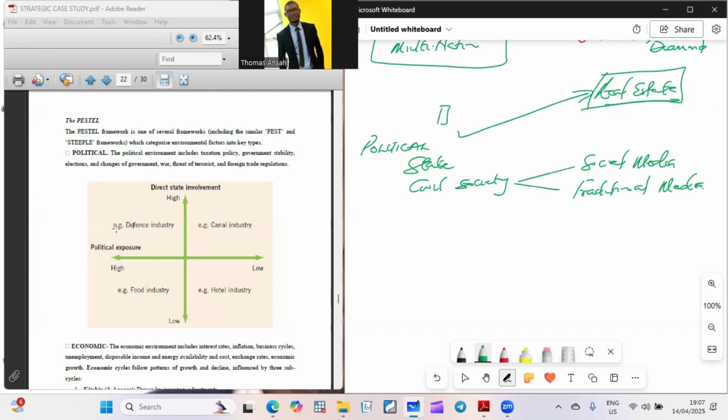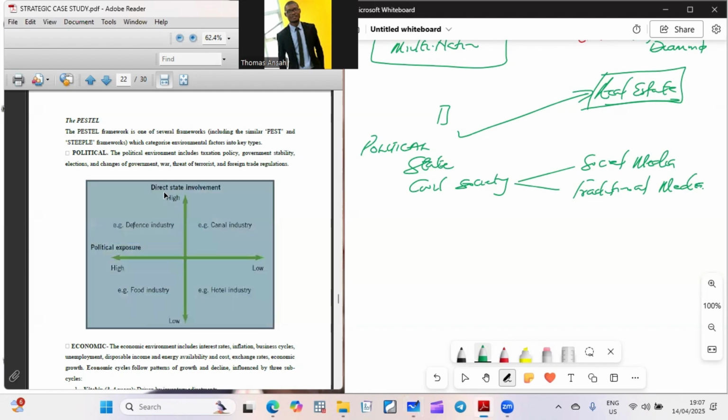If you look at the defense industry, look at the positioning well. Here, if the state has a direct involvement, it is high. If it is low, that is that. Political exposure: are you highly politically exposed or not?